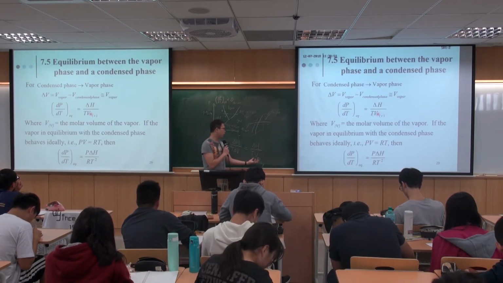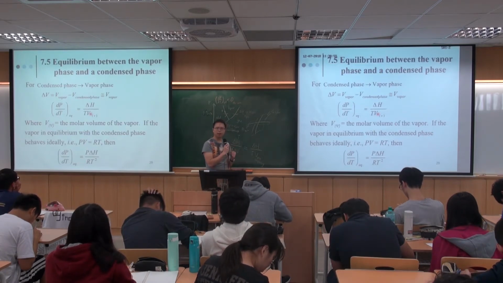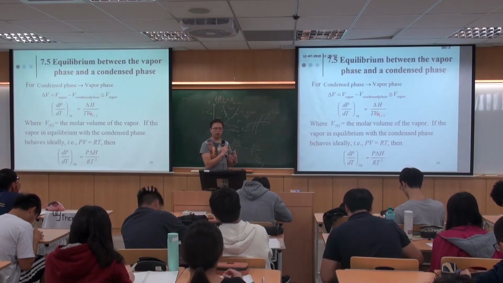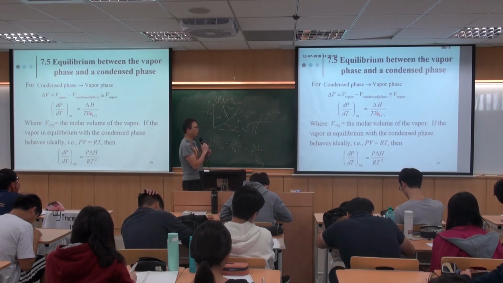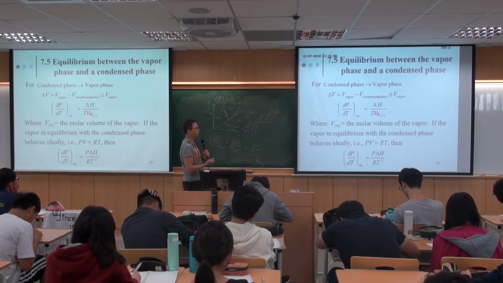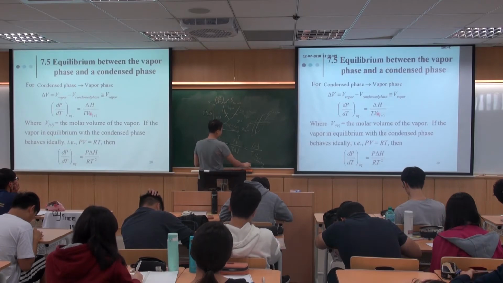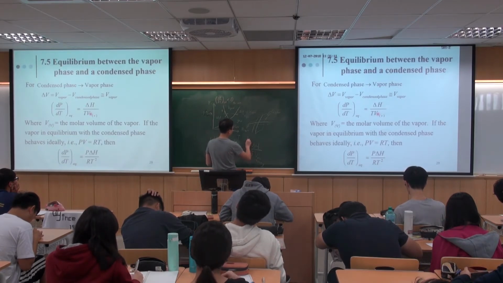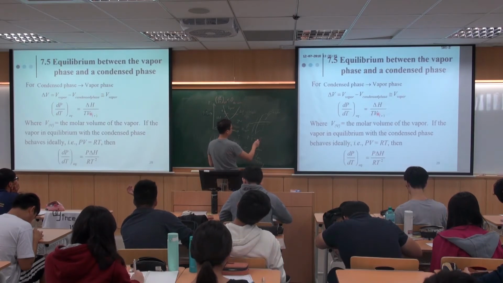And of course, if you're dealing with, say, an ideal gas, this can be further simplified, right? Because for an ideal gas, you have the ideal gas law PV equals RT, if you're dealing with just a mole of gas molecules. That will further simplify this, because we know that P times V is RT for gas.